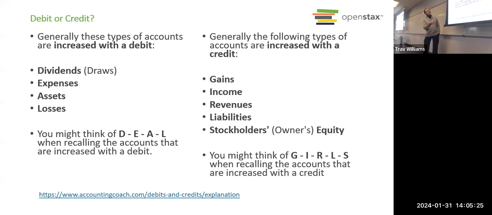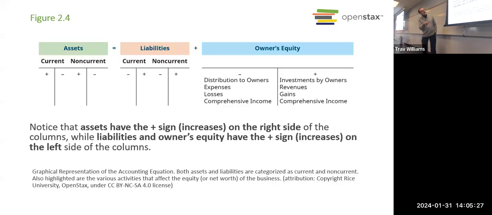Okay, so if we look back here, we don't actually see dividends on this list, but distribution to owners would be the same concept. And notice, why did they do it like that? Oh, I see. What they're saying here, okay, this is a little confusing the way they laid it out.